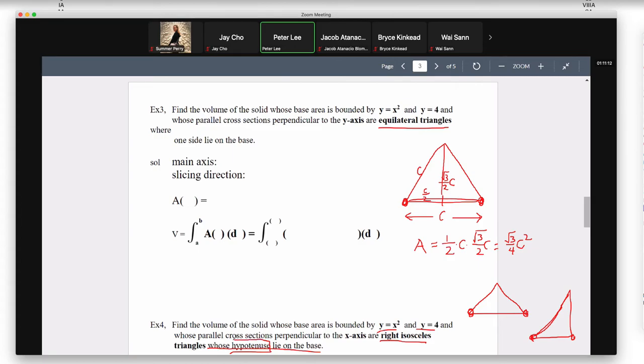If I change this word hypotenuse to a leg, again class, this example 4, I keep everything the same, then that means the cross-section is going to look like this. Here the hypotenuse lies on the base, this one is where a leg lies on the base.